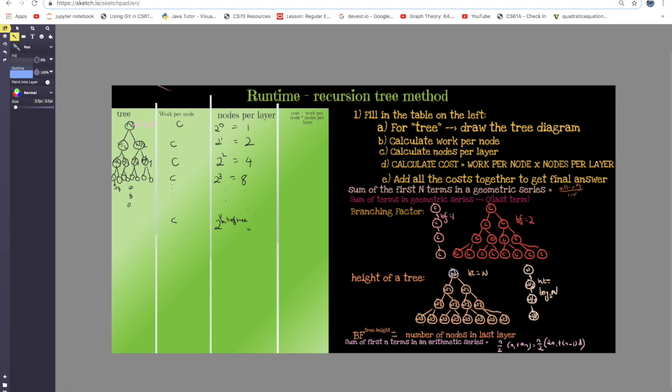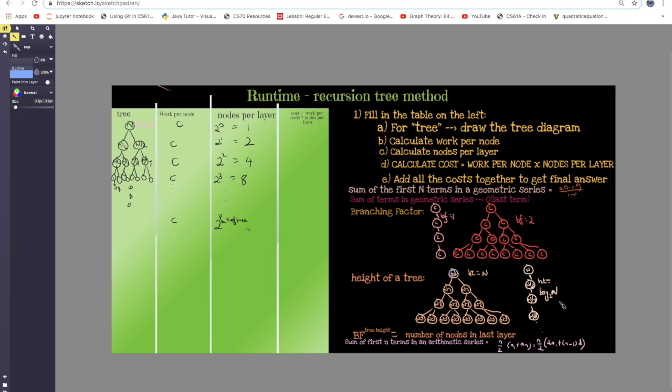And for something like this, the height of this tree, so we have n as our first input parameter, and then our next recursive call takes in an input of size n divided by 2, and then n divided by 4, n divided by 8, so on and so forth. So the height of this tree is going to be log base 2 of n.